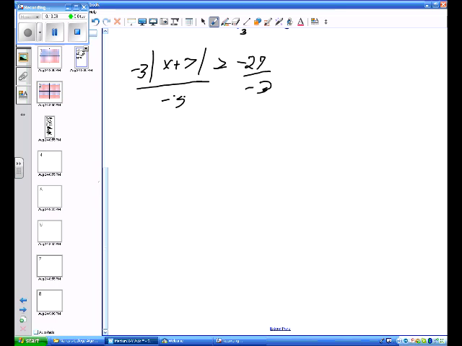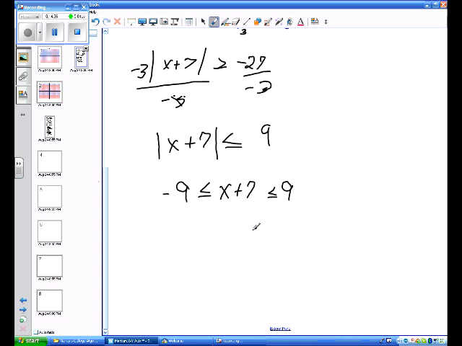And we have to do that first. So here our negative 3's cancel or become 1, and we're left with the absolute value of x plus 7. Now we divided both sides of our inequality by a negative, so we have to switch that sign of inequality. And we have 9. So now we have the absolute value of x plus 7 is less than or equal to 9. It's a less than. So we can set this up as it's going to be between the negative 9 and the positive 9.